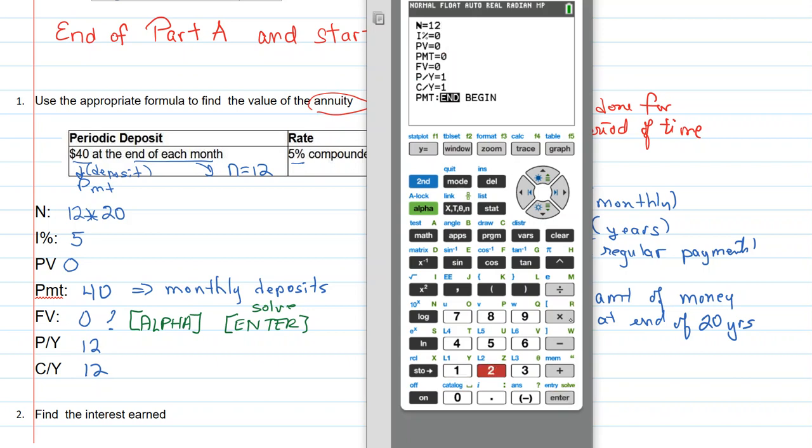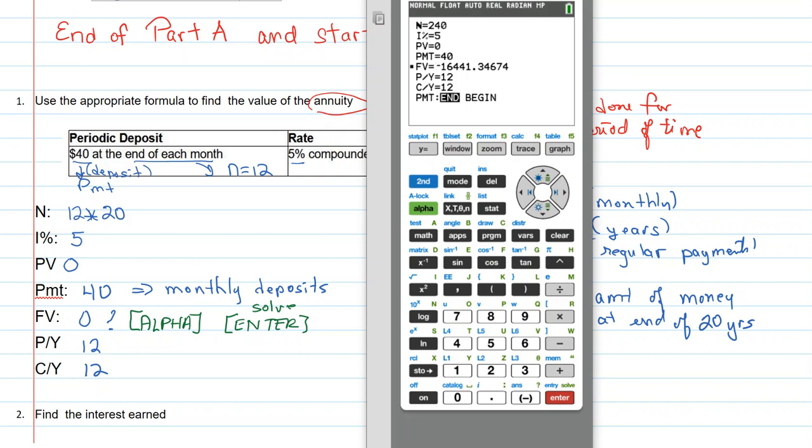And we're going to place what we have: 12 times 20, 5%. The present value is 0. Our deposits are 40 at the end of each month, our future value is 0, and it's monthly. So I have everything that I've listed on my categories. I'm going to come up to future value and do an Alpha Enter.